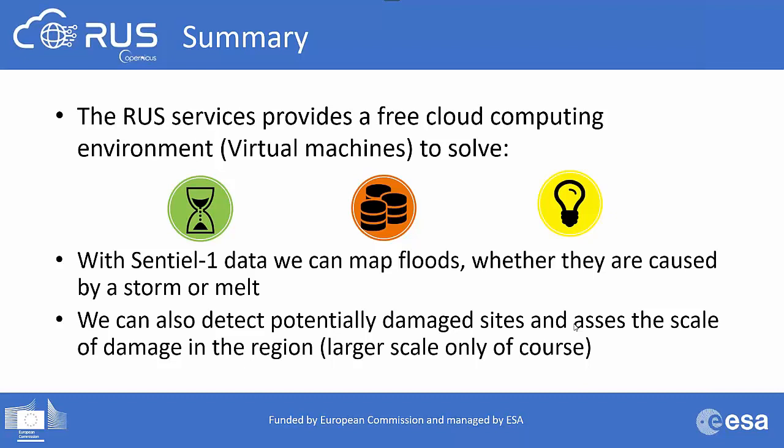You can watch this webinar, or you can also watch our first webinar that was on flood mapping with slightly different method, also with Sentinel-1. And then you can also detect potentially damaged sites as a result of flooding or other events such as earthquakes and so on, using Coherence. Of course, you cannot detect a single house, for example, because the resolution does not allow for that, but you can detect damaged areas and so on.